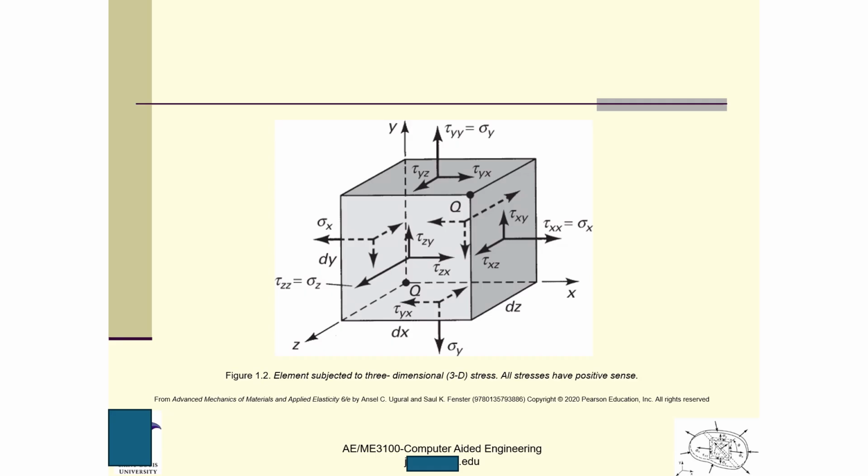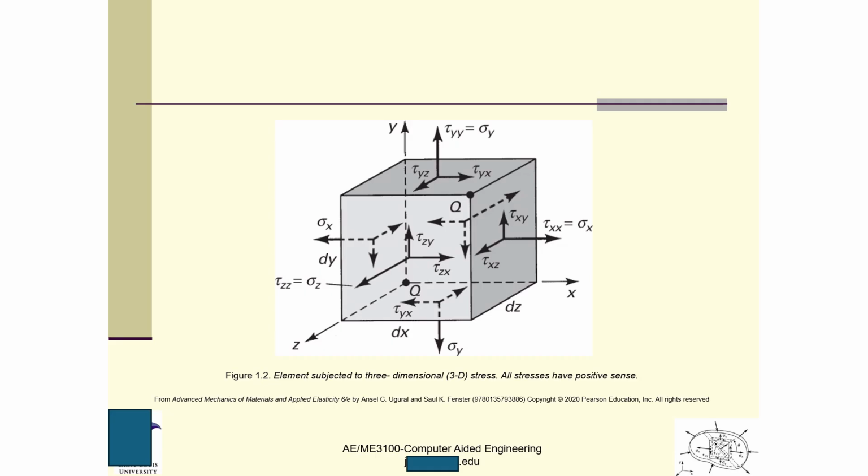We denote normal stress using sigma, and we denote shear stress using tau. So tau xx equals sigma x, and we also have tau xy and tau xz. On each of these six faces, we have three stress components.